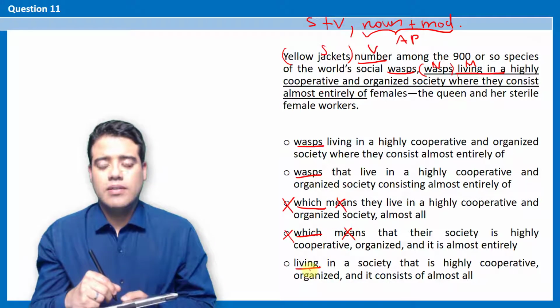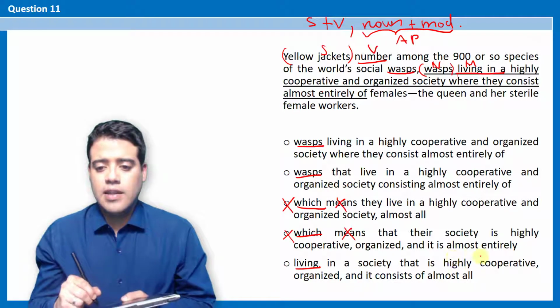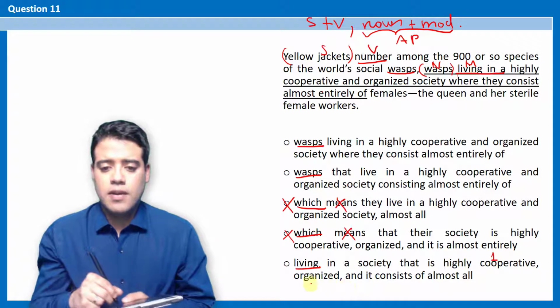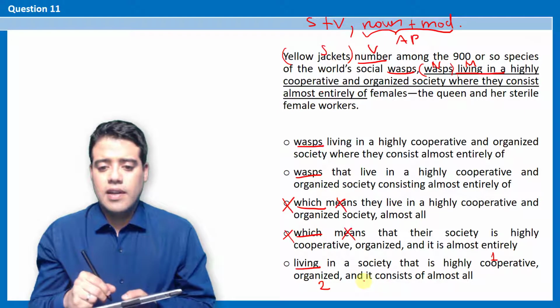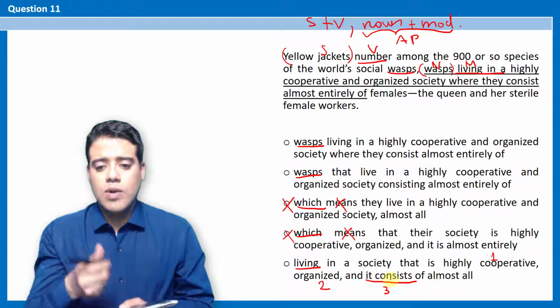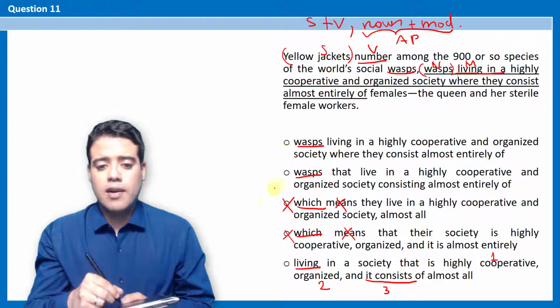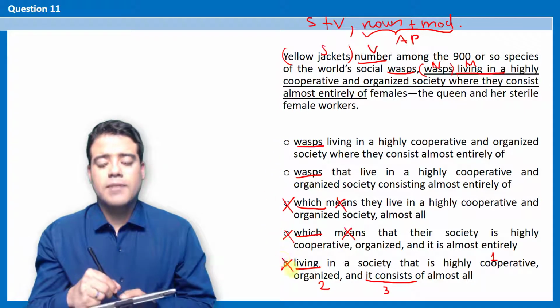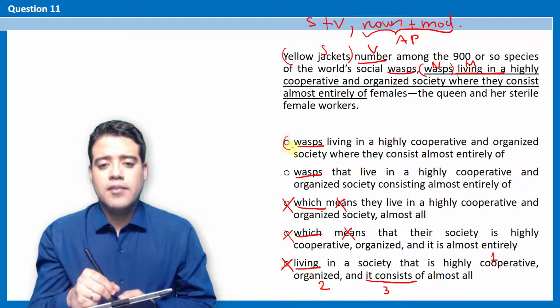And the last one is not parallel. You have living in a society that is, number one, highly cooperative, organized, and after comma and, I need something parallel, and I have a sentence there. It consists, subject verb. So cooperative, organized, and it consists are not parallel. This is incorrect.